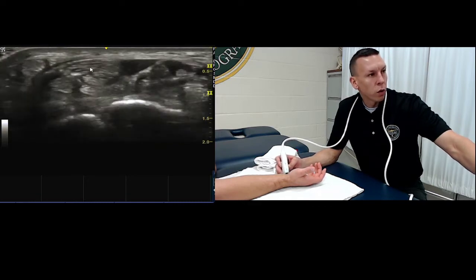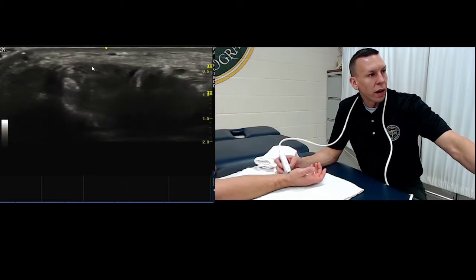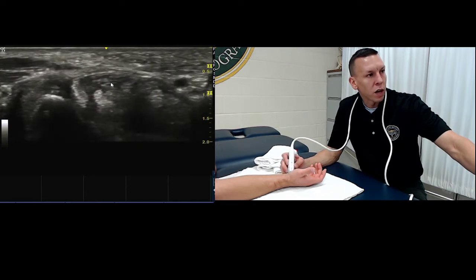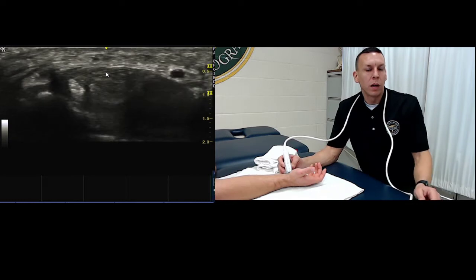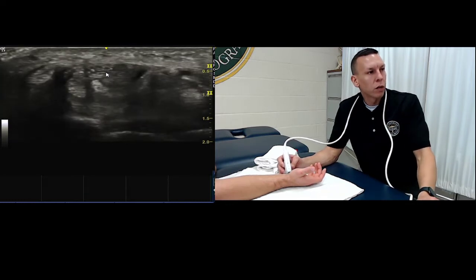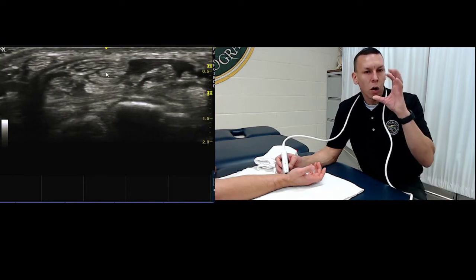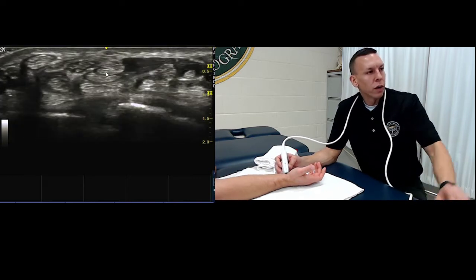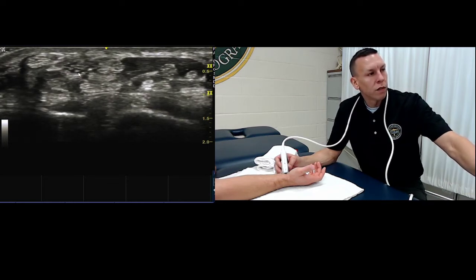The other way you can do it is just follow the median nerve up and down and get a good image, looking for any kind of focal enlargement of it. But what happens in chronic mononeuropathy, as far as ultrasound goes, is it'll enlarge, and it'll lose that really nice connective tissue, the fascicles, that honeycomb appearance.